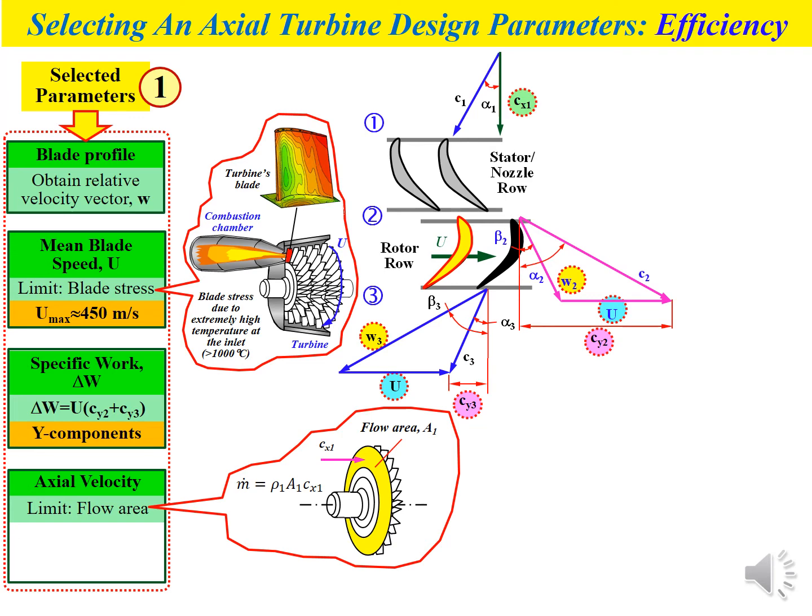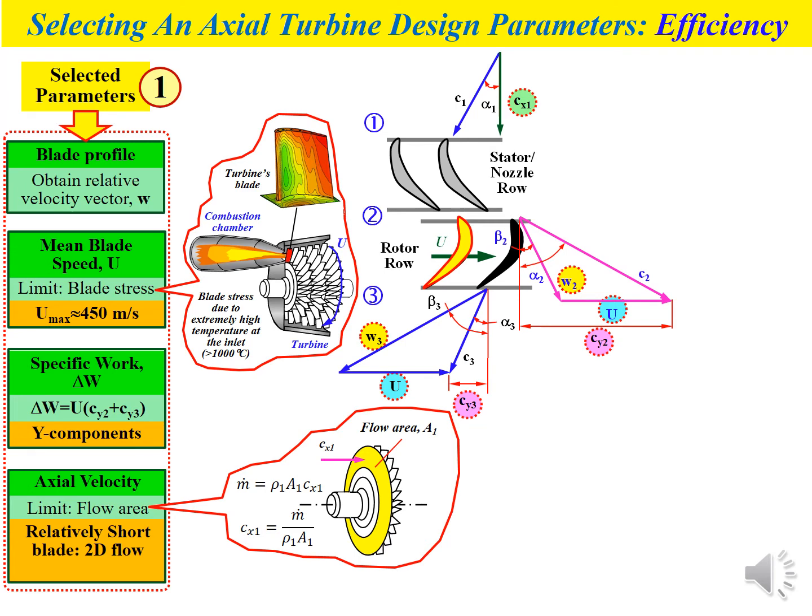So if we increase the value of flow area, we can increase the mass flow rate, m dot, and then the mass flow rate directly affects the axial velocity, Cx. So we have Cx equal to m dot divided by rho A1.